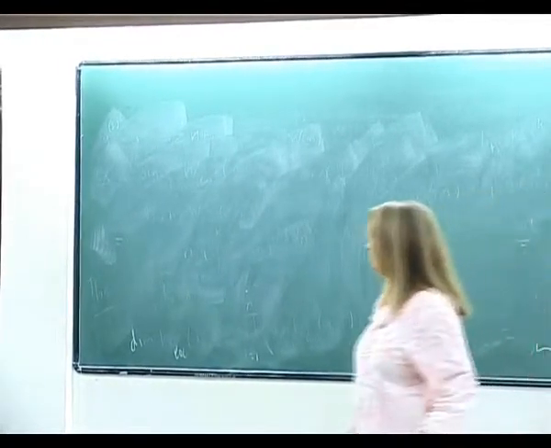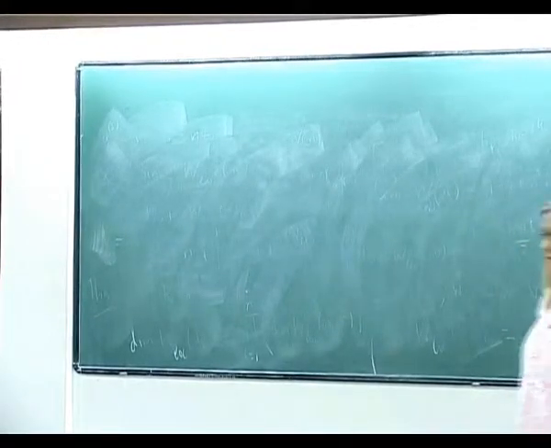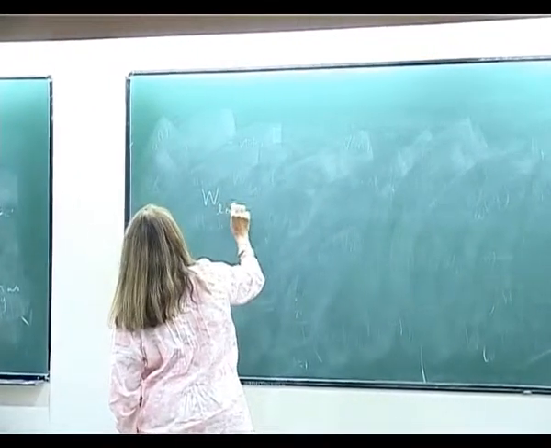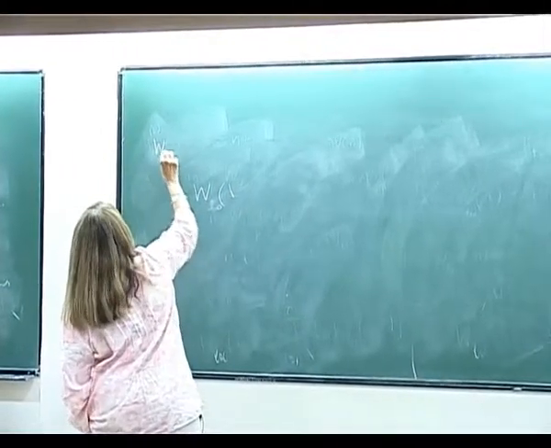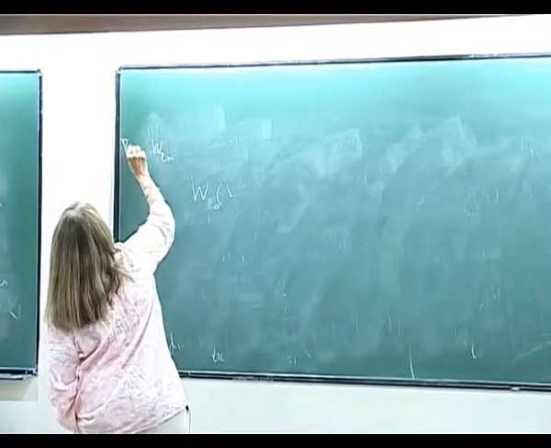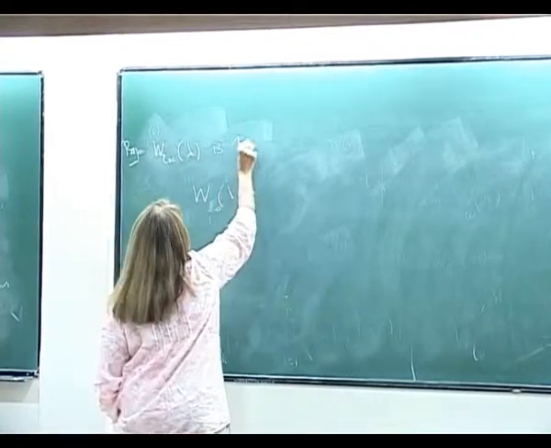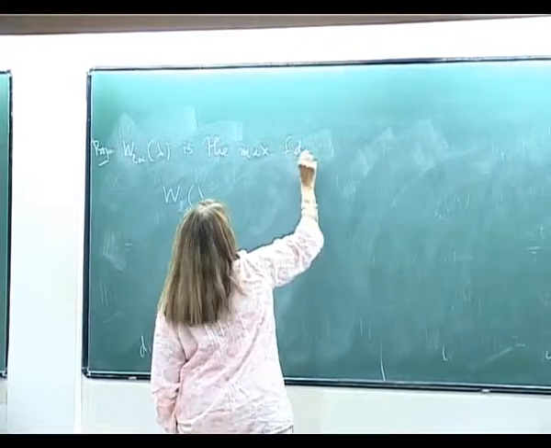Okay, so before we continue, what was this? So the question was, why does W lambda, the global Weyl module, have this local Weyl module as a quotient? So I'm trying to prove the proposition: W log lambda is the maximal finite dimensional quotient of W lambda r.